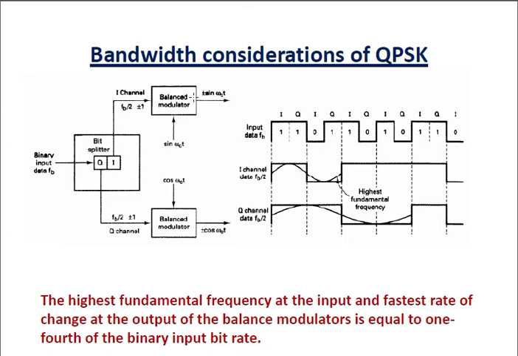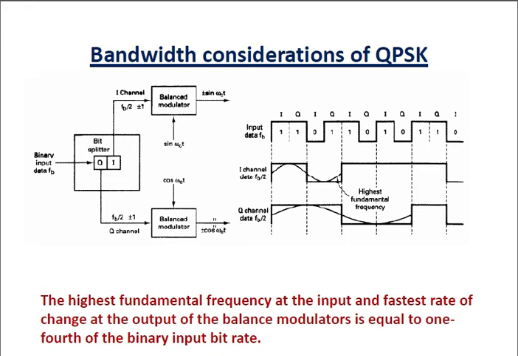According to that, the output of the balance modulator depends upon the polarity of the I channel. It is simply the carrier signal, cos omega ct, depending on the I channel. For the Q channel it is the same, but a 90-degree phase shift is given to the carrier going to the balance modulator.